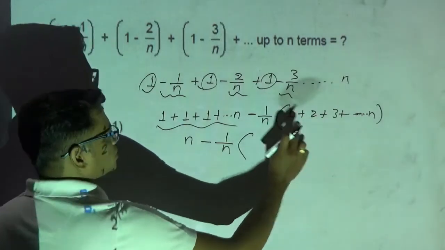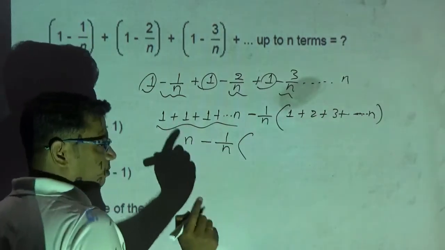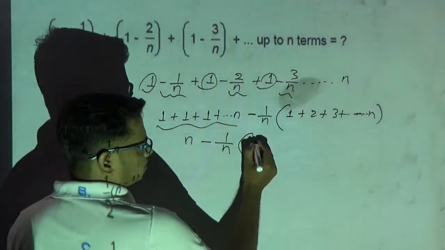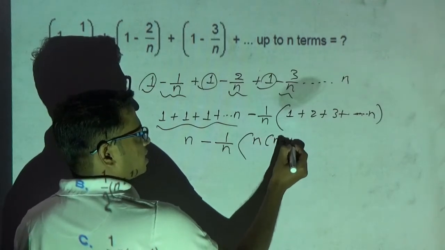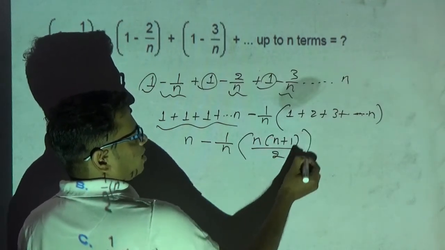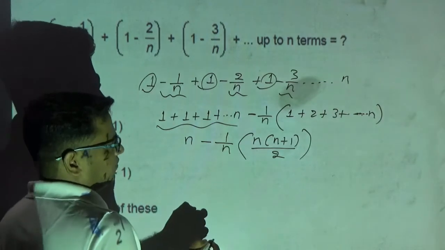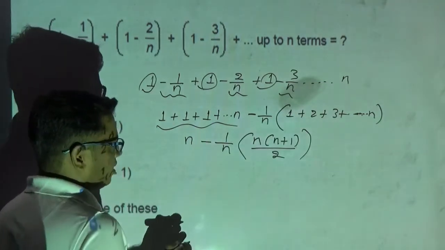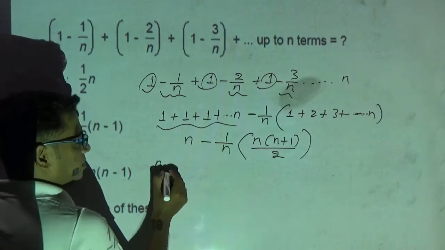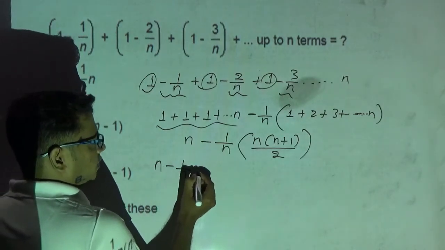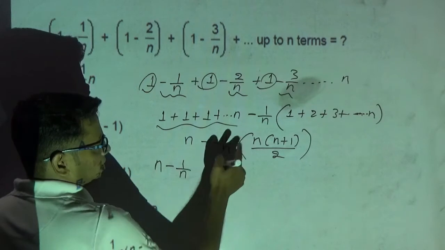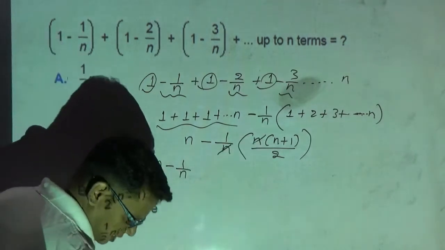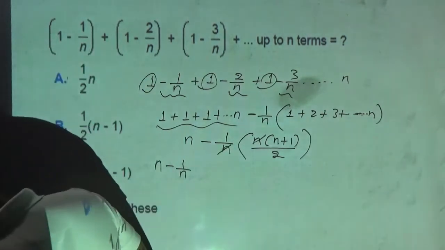So please remember the formula. The sum of first n natural numbers is given by n into n plus 1 divided by 2. Putting it into the formula here, this can be written as n minus 1 over n, into n plus 1 divided by 2. Here I can cancel that n.